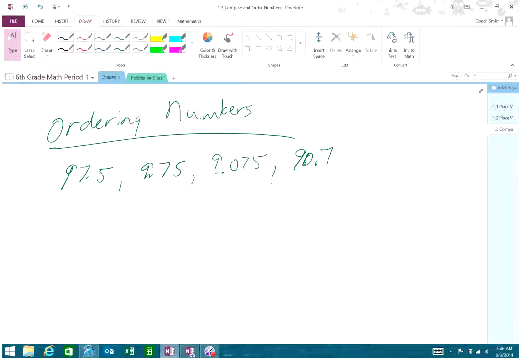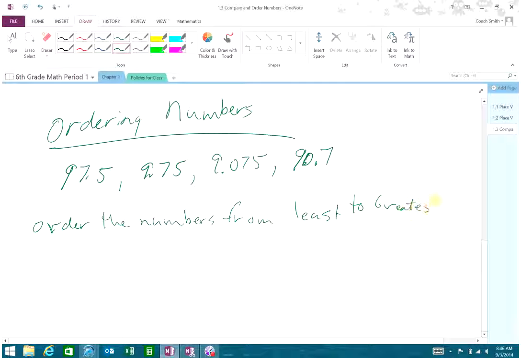Okay? So in this particular case, we want to order the numbers from least to greatest. Now, it's very important that you read your directions when we do this work tomorrow in class. We're covering it today, and then we'll do the work on it tomorrow during class.